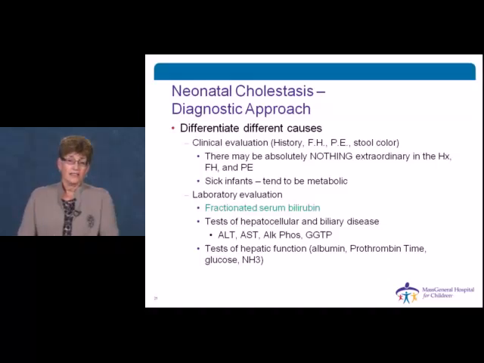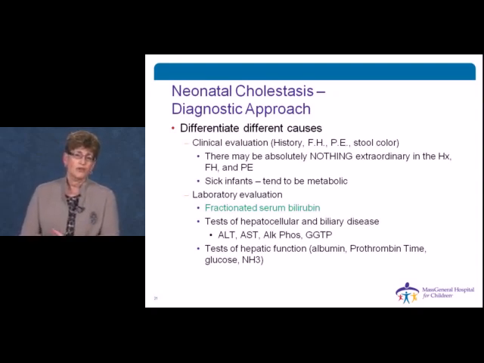On the other hand, we do go through it. The sicker the infant is, the more likely it is to be a metabolic cause early on. We look at the stool color. Acholic stools tend to be more associated with an actual blockage of bile coming out of the liver. But there really isn't that much other than jaundice that's going to lead us to figuring out what the cause is. And so then comes the laboratory evaluation.